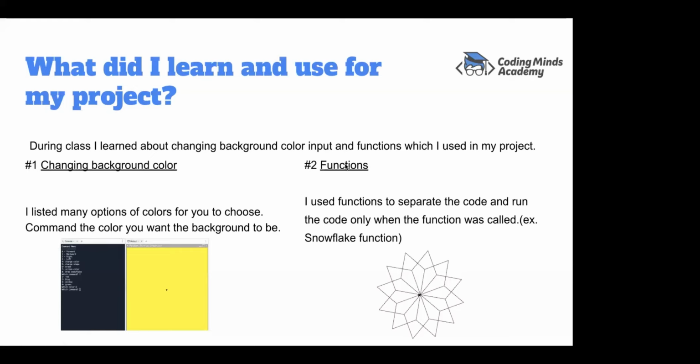And the second one is the function. I use functions to separate the code and run the code only when the function was called. And below is a snowflake function.